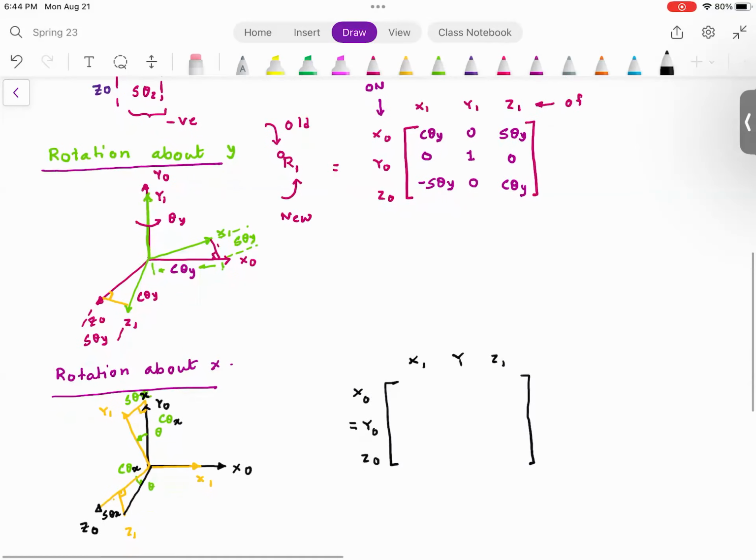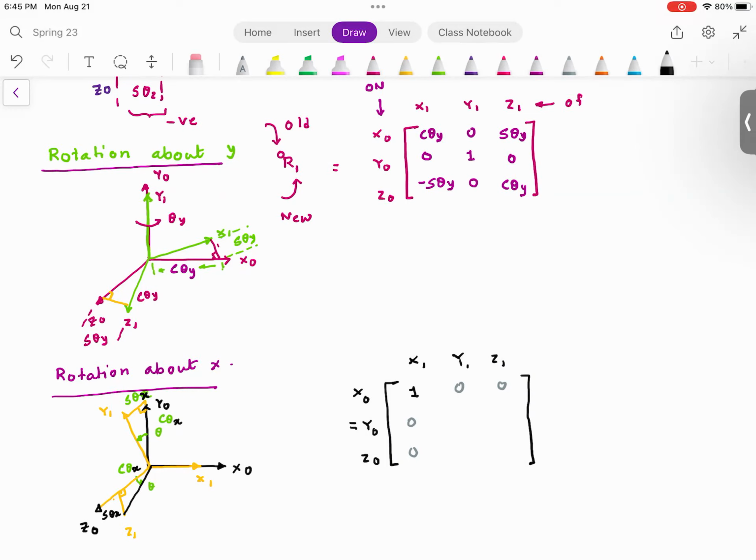Please understand x1 and x0 are aligned. So one thing you remember, whenever you have 1, all other columns and all other rows will have zeros. So if you have x0, x1, 1, columns are zeros, rows are zeros.